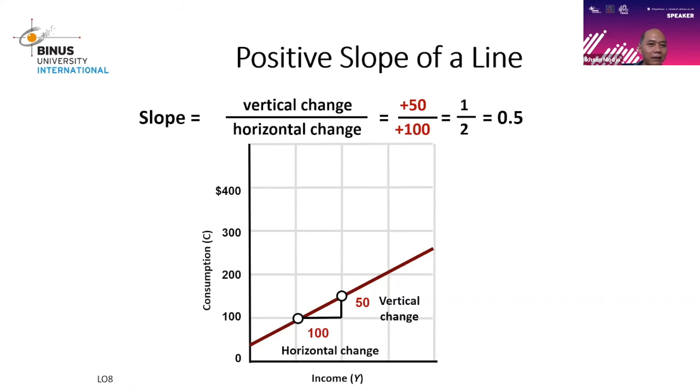But for non-linear graph, we're going to have different slope at different points, ya kan? Why is the slope consistent for the linear graph, but not for the non-linear graph? Let me give an example in this. Ya. Jadi misalnya ini.